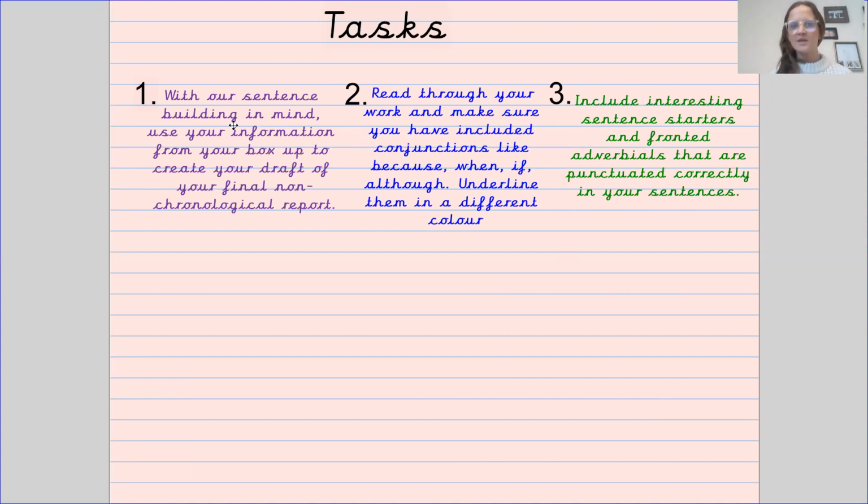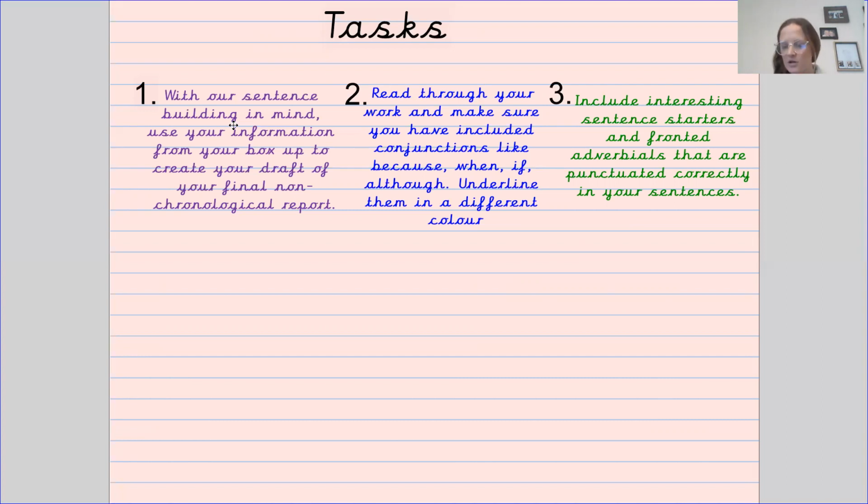Read through your work and make sure you have included conjunctions like because, when, if, and although, just like the ones that we used in our SPAG lesson yesterday. And I would like you to underline them in a different color in your final draft so we can see your information that you have added. And include interesting sentence starters and fronted adverbials that are punctuated correctly in your sentence.